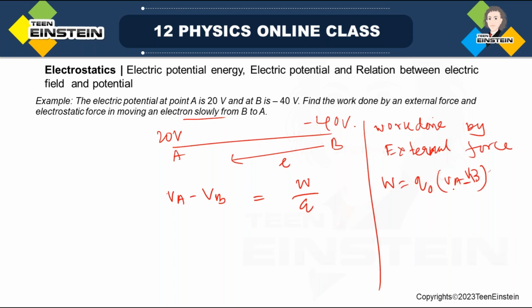Eventually it will be 9.6 into 10 to the power minus 18, with the minus sign here. This is the work done by the external force.